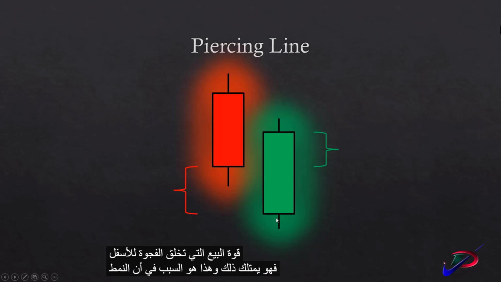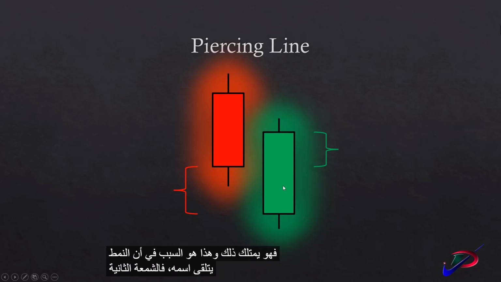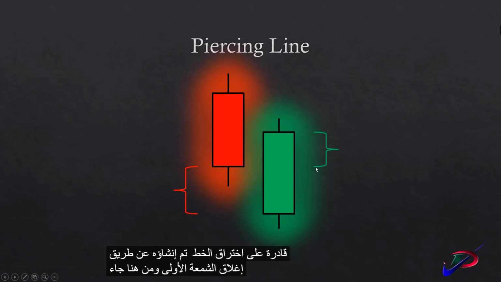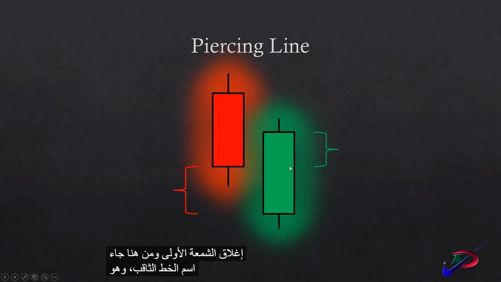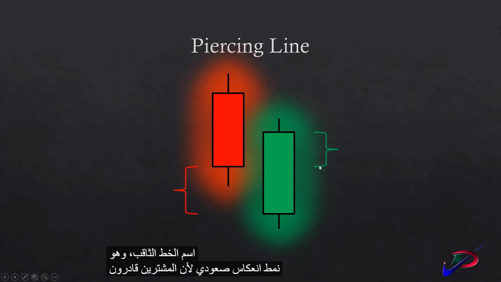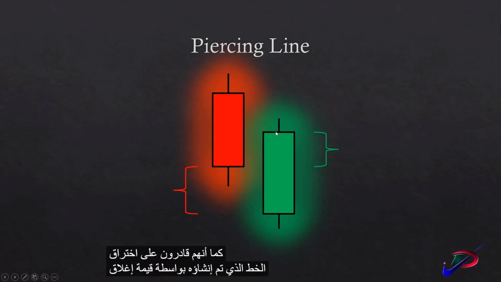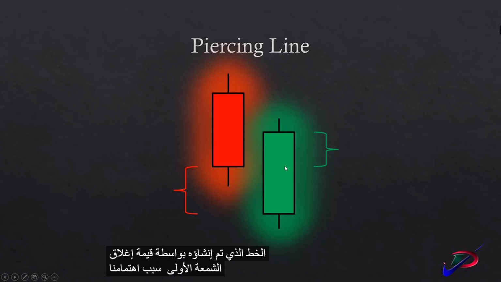However, the buying power in the second candle overcomes the selling power that creates the gap down. Beyond that, and this is why the pattern receives its name, the second candle is able to pierce the line created by the closing of the first candle, hence the name piercing line. This is a bullish reversal pattern because buyers are able to fill the gap between the two candles, and they are also capable of piercing the line created by the closing value of the first candle.